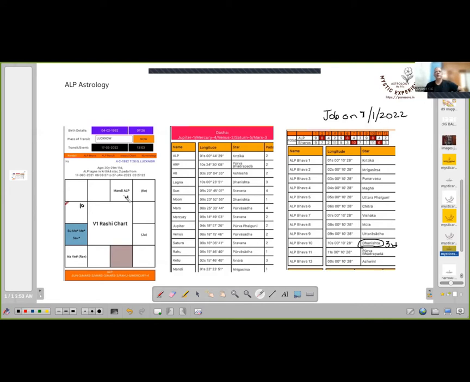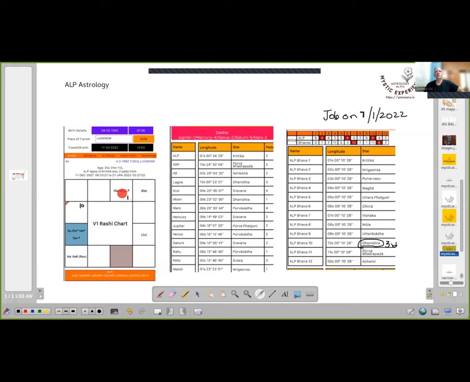Now, he is around 30 years old, and we have to see how the job manifested. I saw this chart maybe 6 months earlier. At that time, he didn't have a job. He was highly educated, but he didn't have a job.